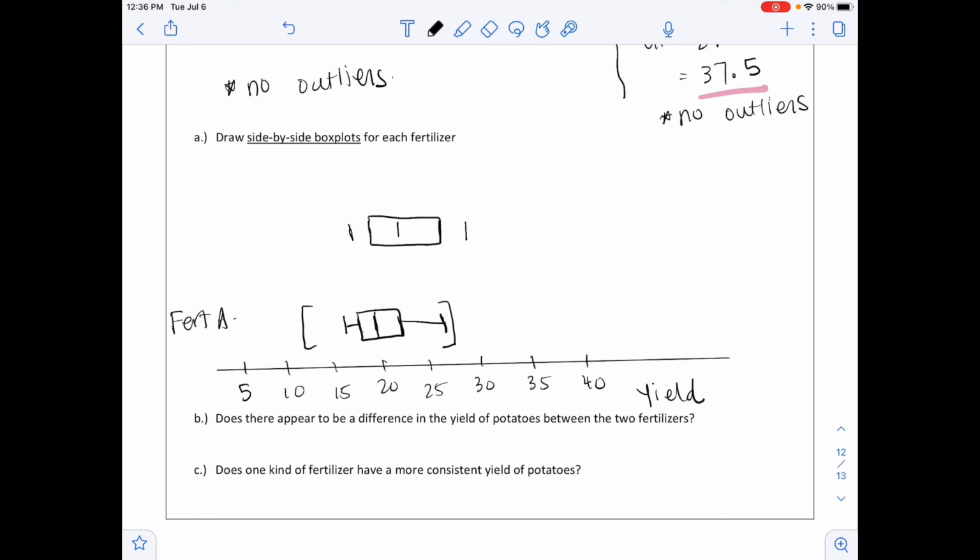And again, those middle 3 lines will make our interquartile range, extending your lines out to form those whiskers. And then the last thing that we need to put on here is our lower fence and our upper fence. Lower fence is out at 9.5, and the upper fence was out at 37.5. And again, labeling this fertilizer B. It doesn't matter if you had fertilizer A on top or on bottom. Just make sure that you have them labeled over on the left side.